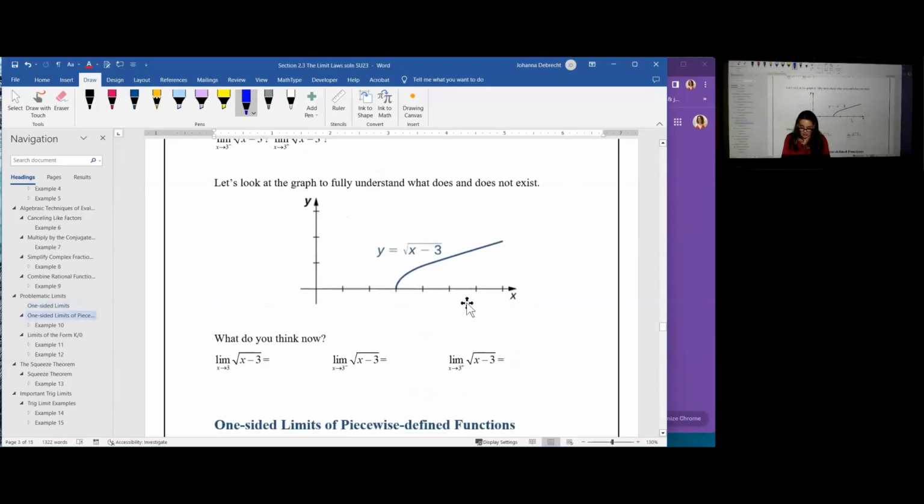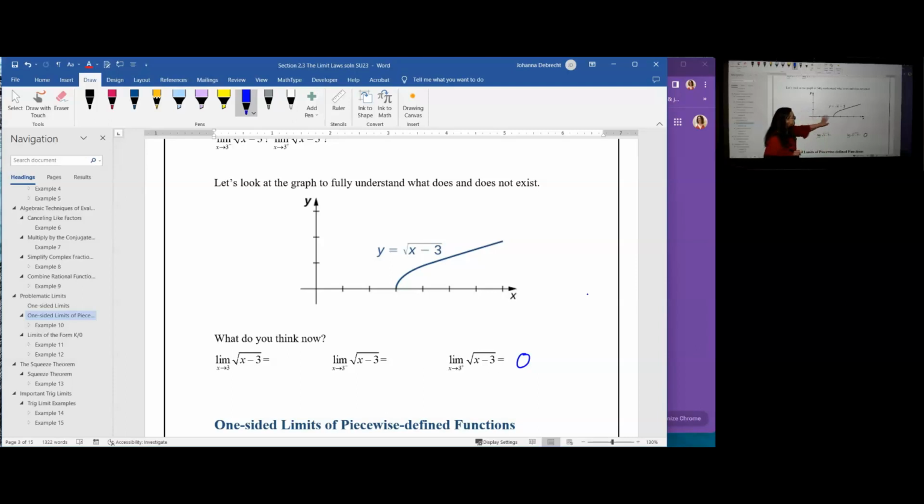When we're looking at the graph, you can see that the limit from the right does exist, and it looks like it hits the y value of 0. So the limit from the right exists and it becomes 0.